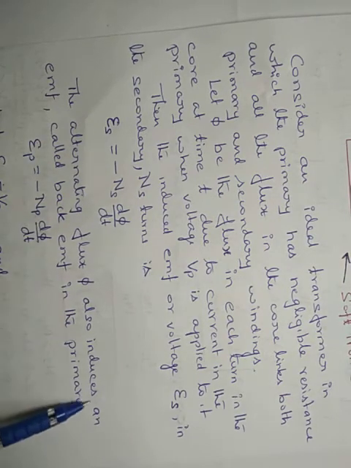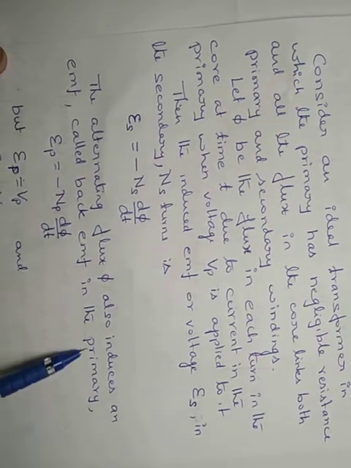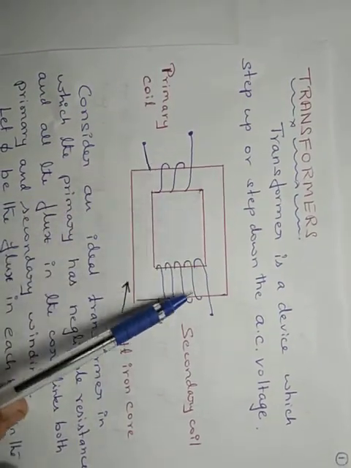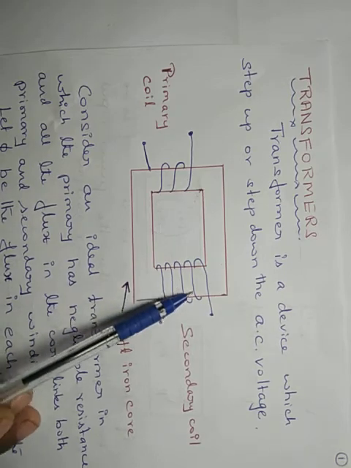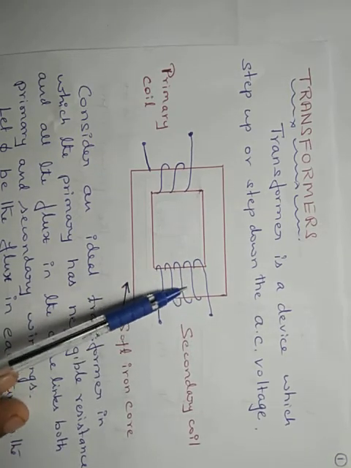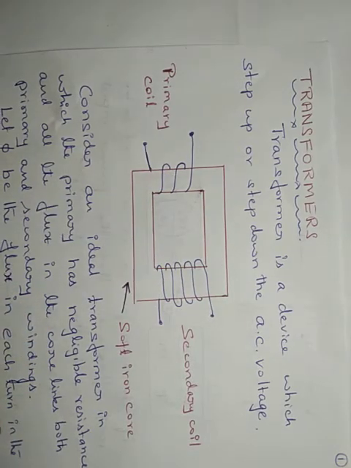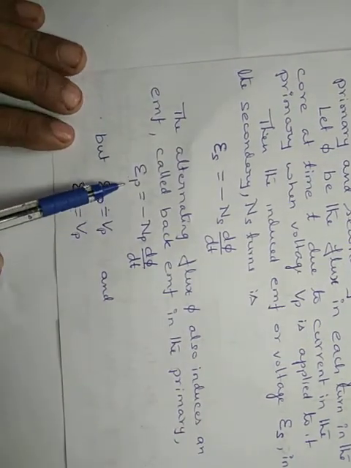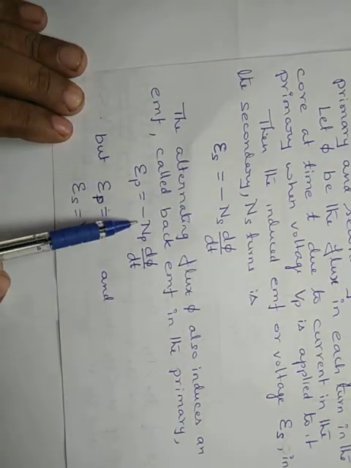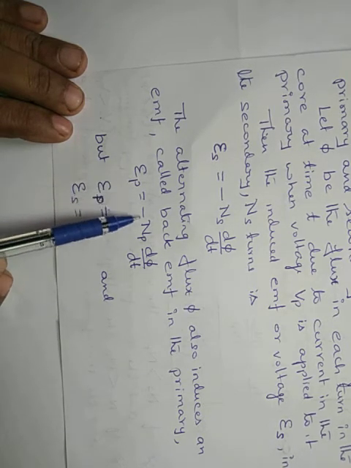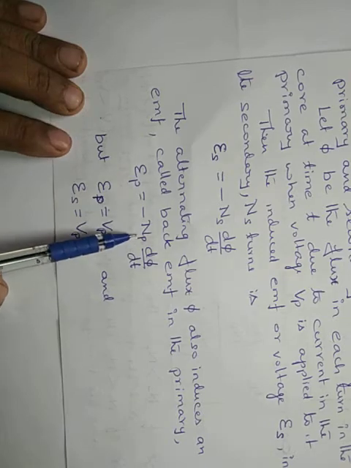The alternating flux phi also induces an EMF called back EMF in the primary. When the primary induces current in the secondary, the flux changes, and that once again induces a back EMF in the primary at the same time. It is given by Ep equal to minus Np d phi by dt, where Np is the number of turns in the primary coil.